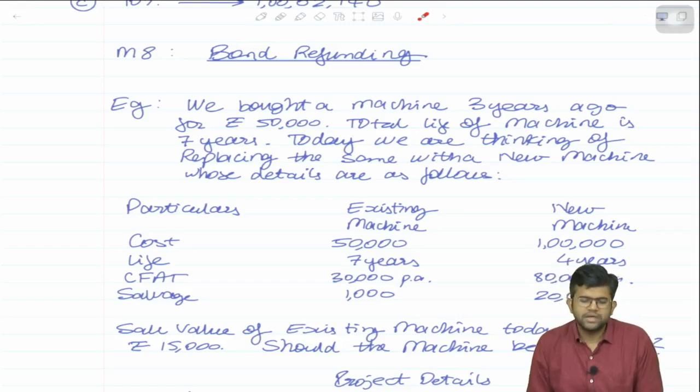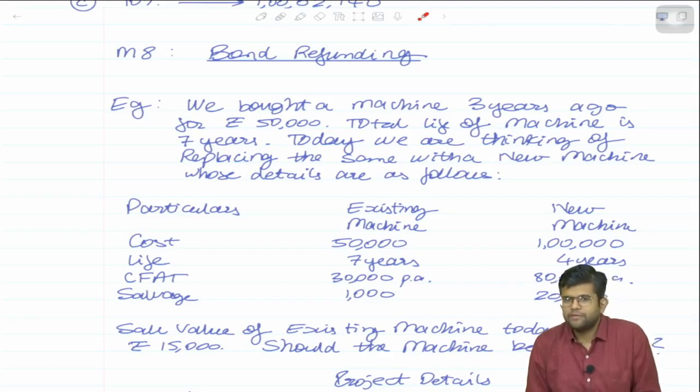Yesterday's lecture we were doing this chapter of bond valuation. Today is, I guess, lecture number 5 or 6 of bond valuation. In that we had reached module number 8, called bond refunding.